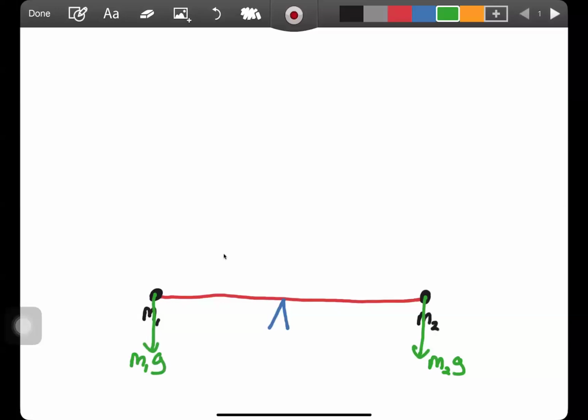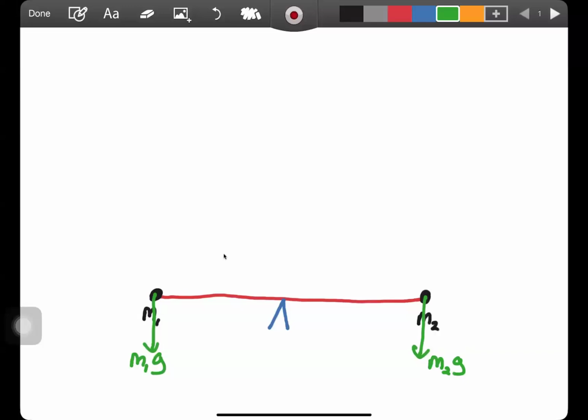And so the gravitational force is what can supply a rotation of this teeter-totter. If you can imagine, right now the red line is level, but you can probably imagine if the force on one side or the other is greater, you're going to start to see it tilt.